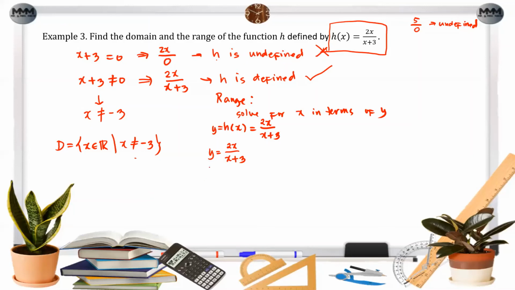So we use cross multiplication. We have y times the sum of x plus 3 equals, of course, 2x.